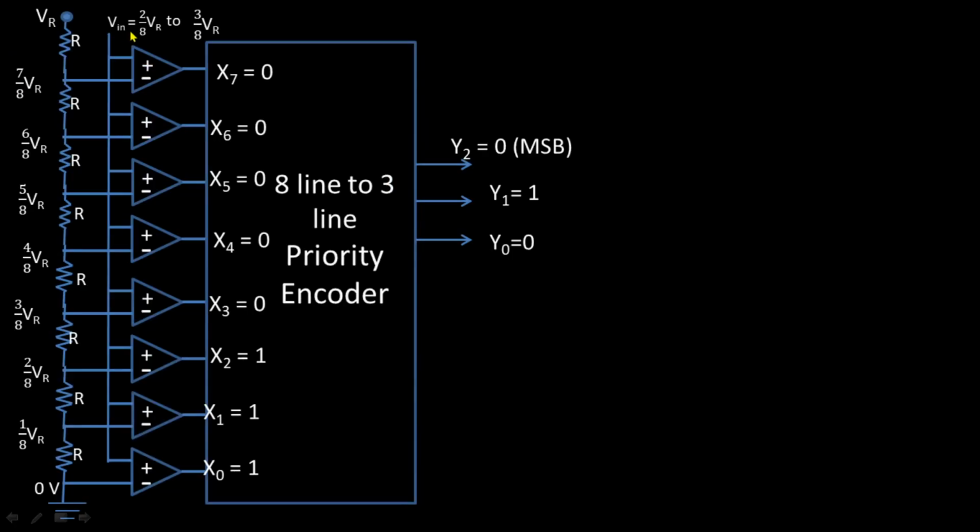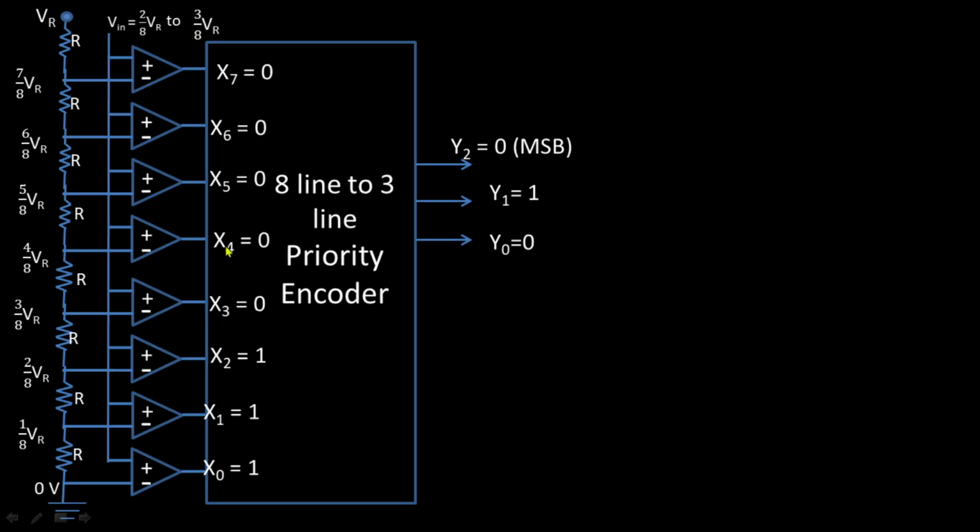Next example, Vn equal to 2/8 Vr to 3/8 Vr, that is greater than 2/8 Vr. So up to this op amp, the voltage at the positive terminal is greater than the voltage at the negative terminal. So the outputs of the op amps are plus V sat or logic 1, 1 1 1, and for the remaining op amps the voltage at the positive terminal is less than the voltage at the negative terminal, because the input is less than 3/8 Vr.